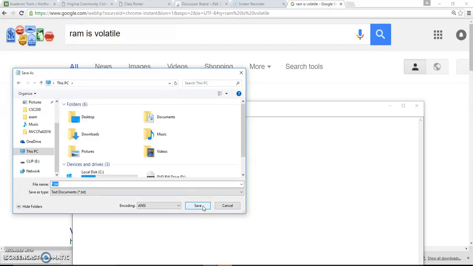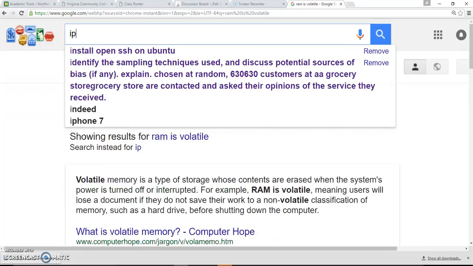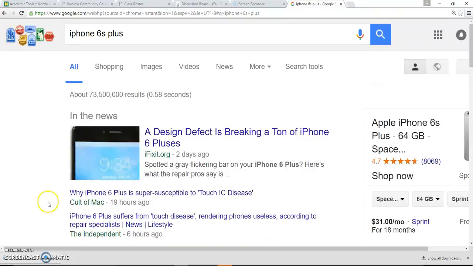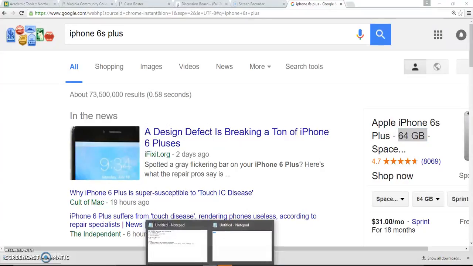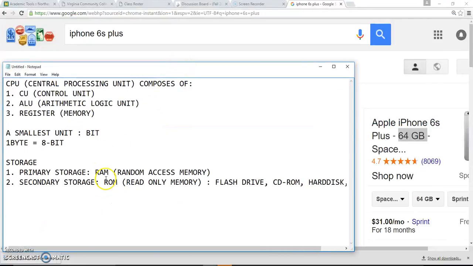So the question is, when you buy a phone, right? You said iPhone 6s Plus. Okay. It's 64 gigabyte. What is this? Is it the register? Is it the RAM? Or is it ROM? This 64 gigabyte.